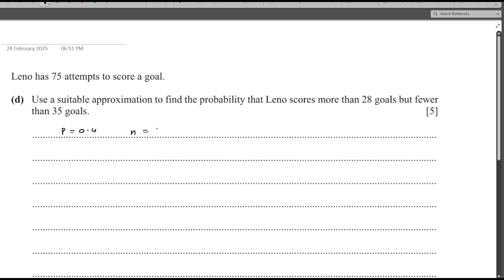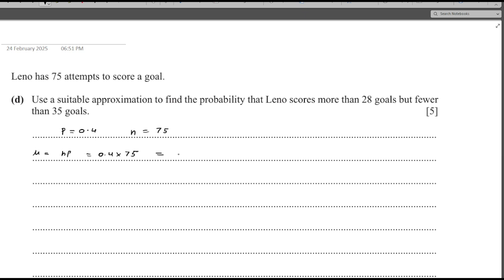Your N is 75. Now your possibility is very close to 0.5 and N is large, more than 50. So here I can approximate my distribution as normal distribution. For normal distribution, my mean mu is going to be NP, which is 0.4 times 75.